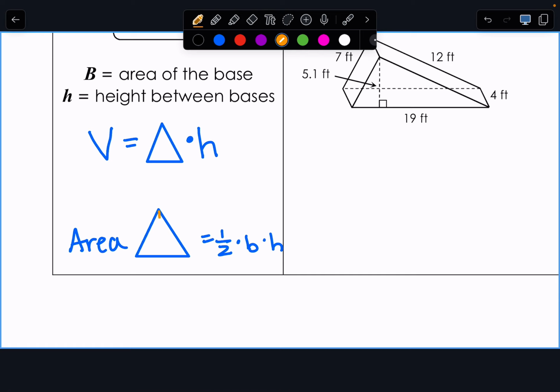Now, it is important to understand that the height and the base of a triangle will meet with a right angle. Okay, so this is the height of our triangle. This is the base. Notice that the right angle box touches both of them.